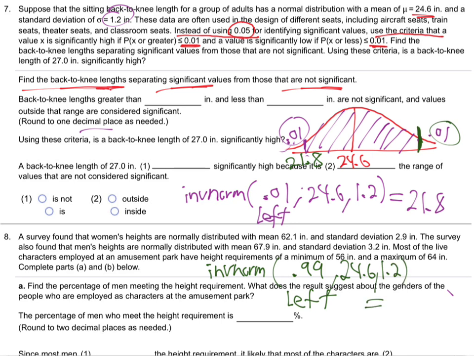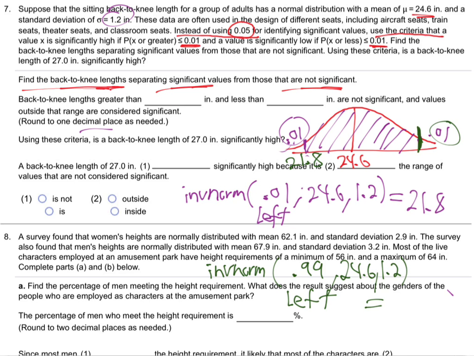Does everybody see why I did 0.99 there? Because at this spot, 99% are smaller than you. If you're at the top 1% mark, you're a basketball player probably, then 99% have a smaller back to knee width than you do. Right?